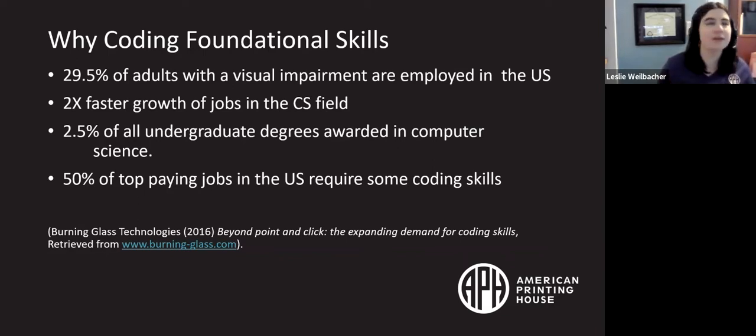So this is obviously a big need, and obviously a need for people with visual impairments to help fill some of these gaps. But how do we do that? We have to teach coding. So we start with the foundations.